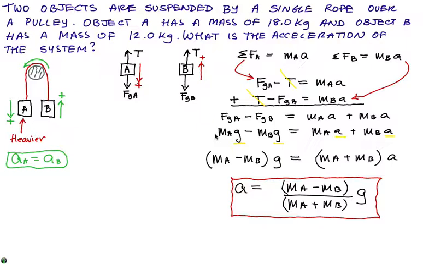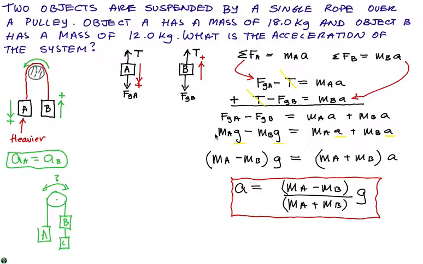And I just want to end by saying that if we have multiple objects, like let's say that we have something like this, where we have a pulley and we have object A of some mass and object B of some mass and object C of some mass, anything like that. All we need to do is figure out what direction the pulley turns.